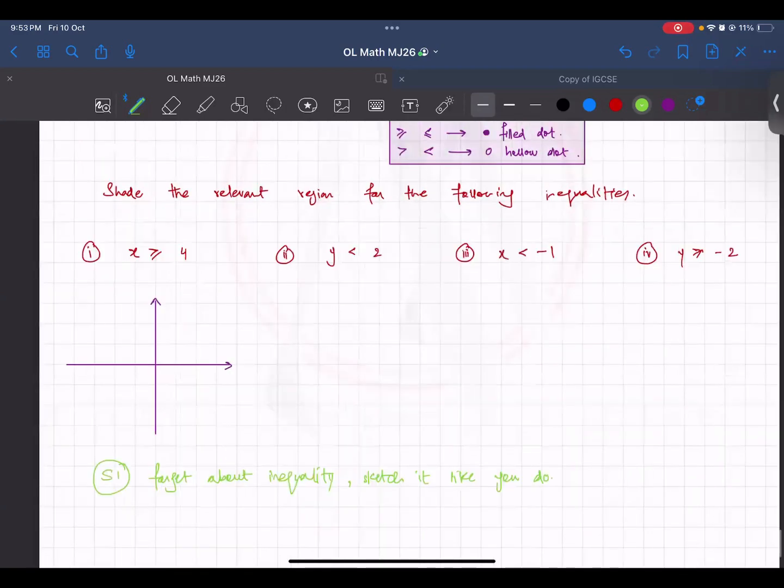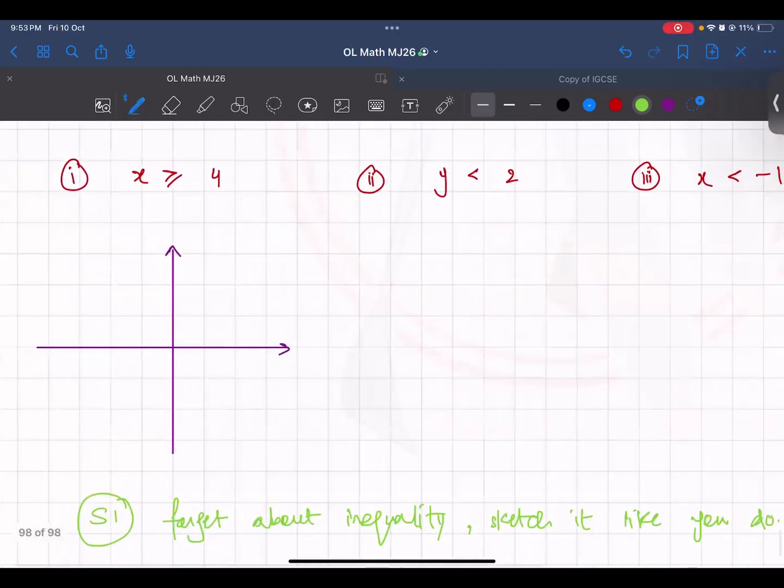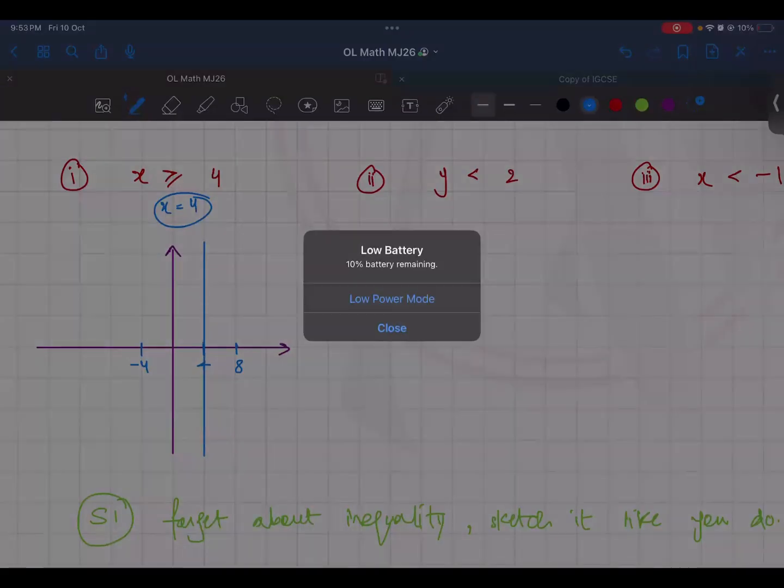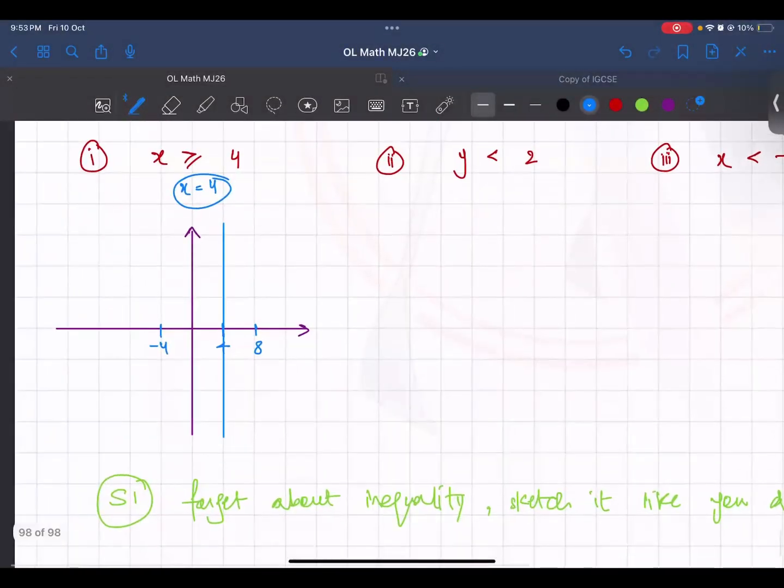So if I forget about the inequality over here, I have the equation x is equals to 4. And x is equals to 4 would be a vertical line. So if your x is 4, label it 4, this is 8, this would be -4, and x is 4 would be this line. Okay, so x is 4 would be this line.